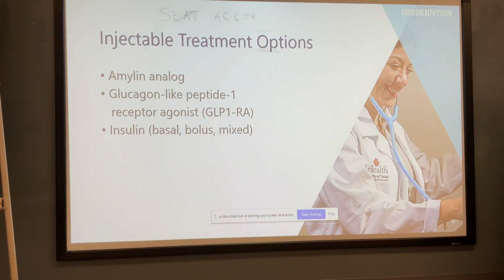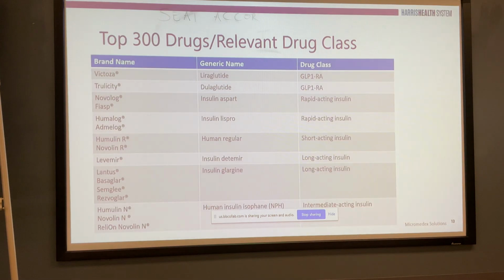All right, so we have 3 classes, that's it. 3 classes we're gonna talk about, but we're gonna talk about them in depth. We have the amylin analog class, our GLP-1s, and then our insulin therapy, our basal, bolus, and mixed therapy. Okay. And for completion, I have listed the current top 300 drugs applicable to this class, right? So it's commonly seen in practice, no matter what setting.